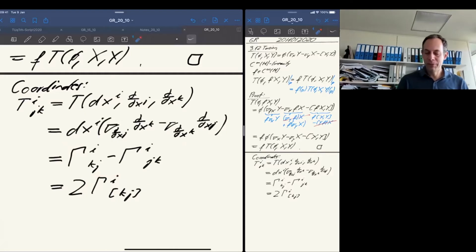But these gamma symbols, if you remember how they were defined in an experimental way, namely by how a gyroscope changes its direction if you move it along a certain path. More precisely, you have to take a gyroscope that points in the J direction, move it along a path in the K direction, and check how its I component changed.